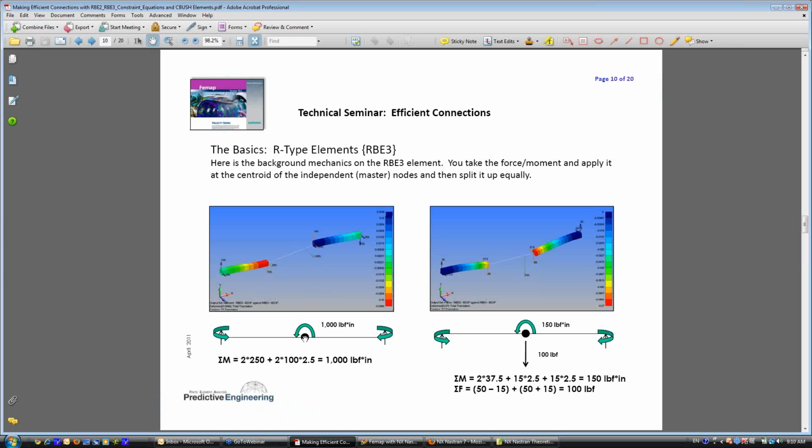When we're doing a moment, it moves it to the center of gravity of your two independent nodes, but there's no force to add, so it's just 1,000. Works right out. Quite direct, quite easy. Here, since we have a force, we're moving over to the center. So now the force is the same, but we have a little bonus moment to add in.